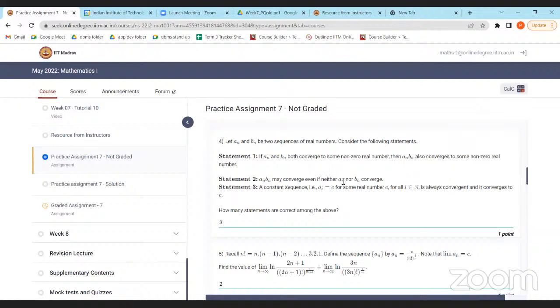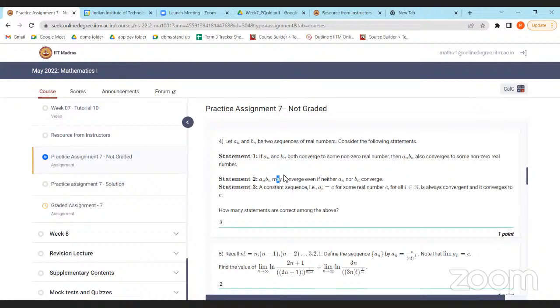If we take two terms which are not converging, say minus 1 to the power n, or say 2 minus 2 to the power n, and find out the limit, then an and bn may not converge. Just take two sequences an and bn that are diverging, and find out whether their product is converging or not.